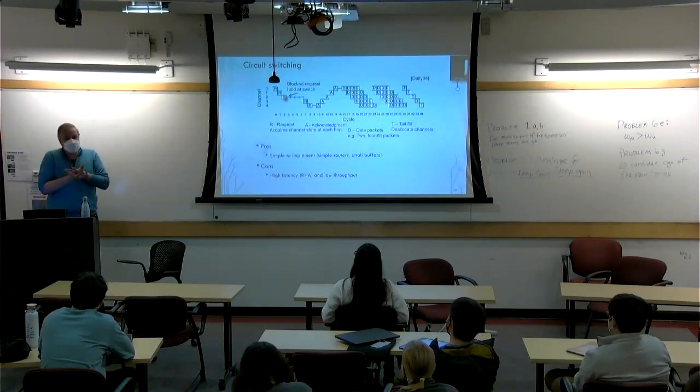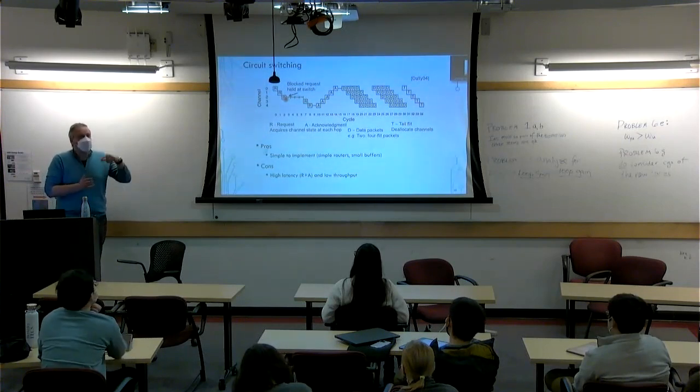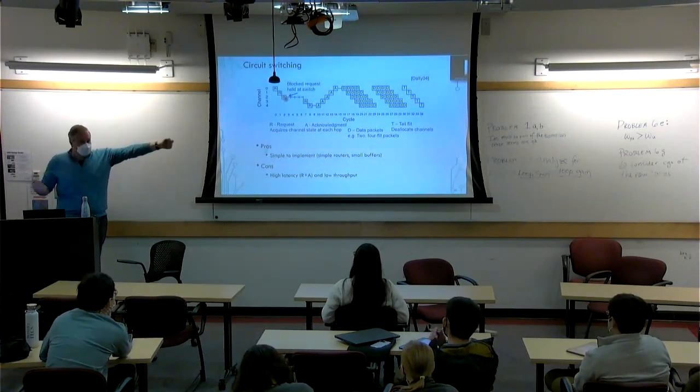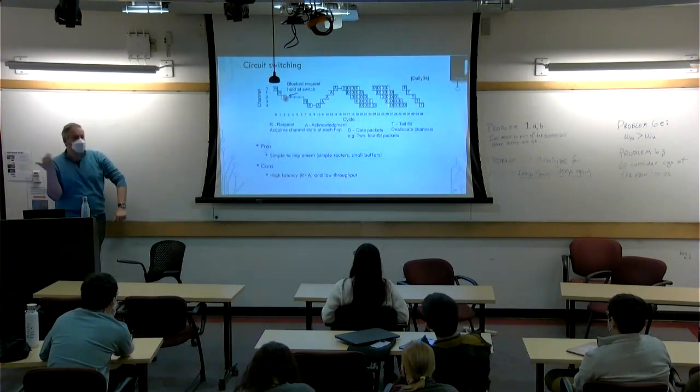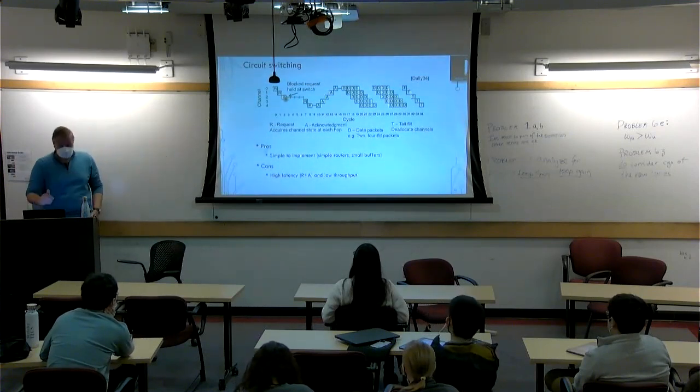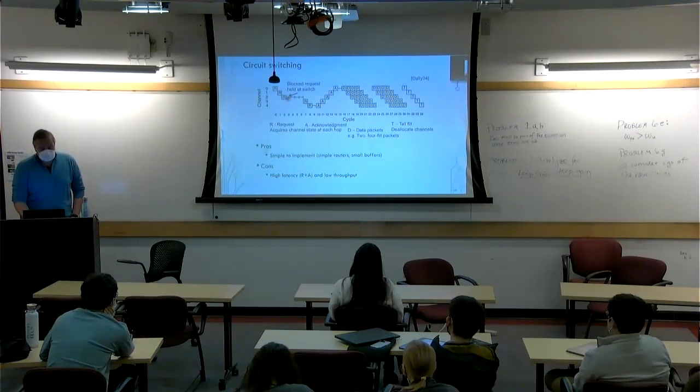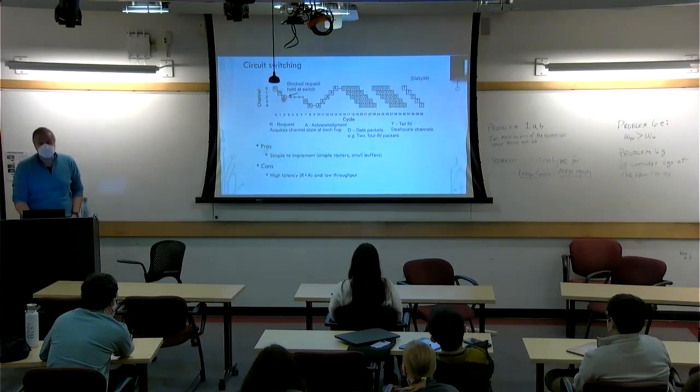So the request is kind of like controlled and buffered for the time the request can make it through. Once the request makes it through and creates a circuit, then data zooms through, right? So here we had to pay a little bit of time for waiting to get the request through, but we didn't kind of have to retry all the way. That's what I'm saying. It didn't get dropped here.